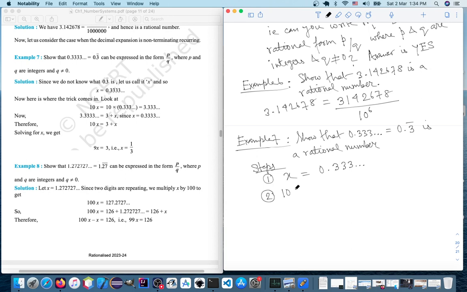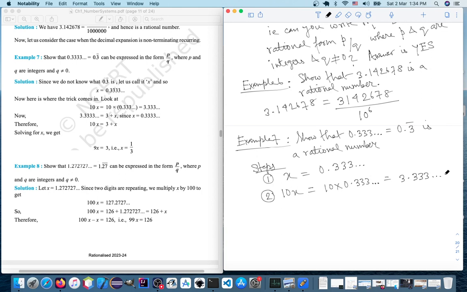So 10x, since we have only one digit in the repeating block, we multiply by 10. 10x equals 3.3333, and this will repeat.